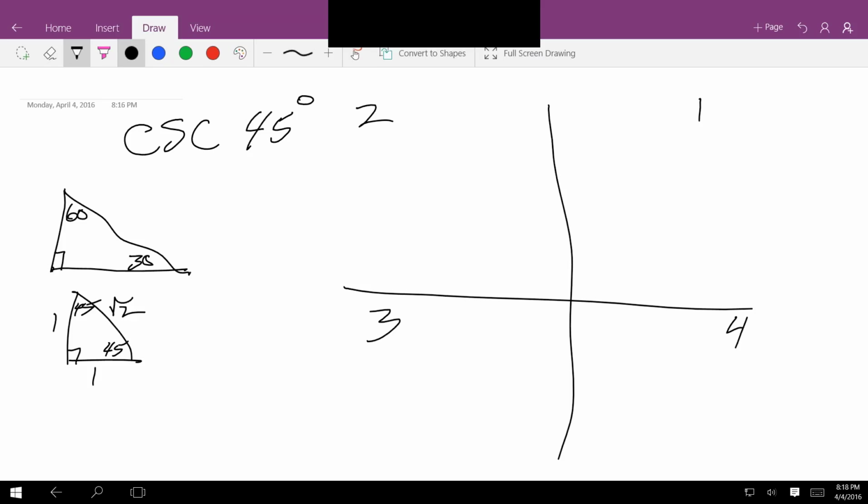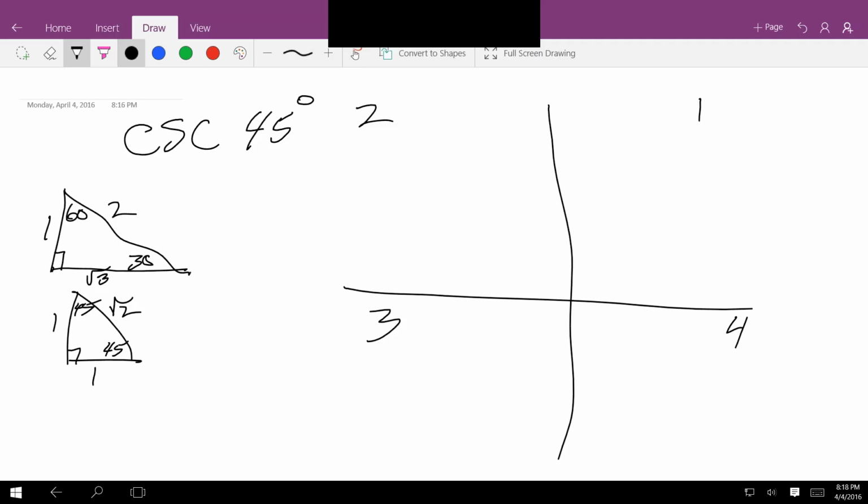I call these the unit special right triangles, because the side opposite the smallest angle is always 1. If you want to calculate trig functions, then these 2 triangles will tell you all of your common first quadrant answers.